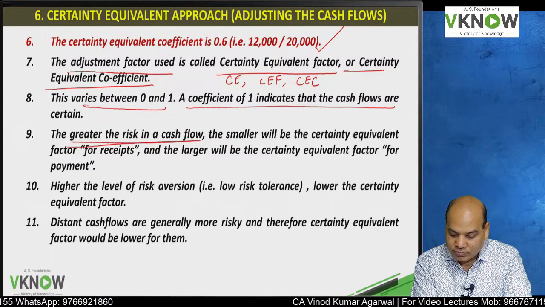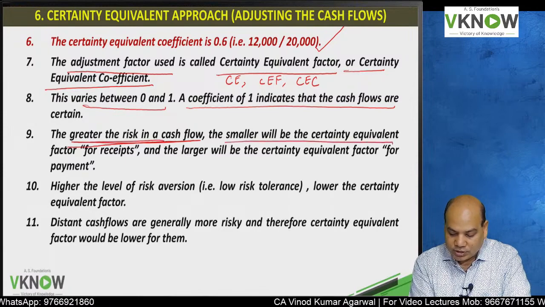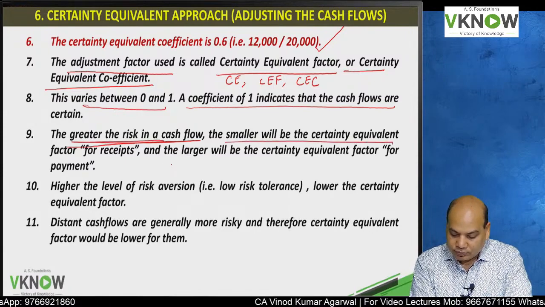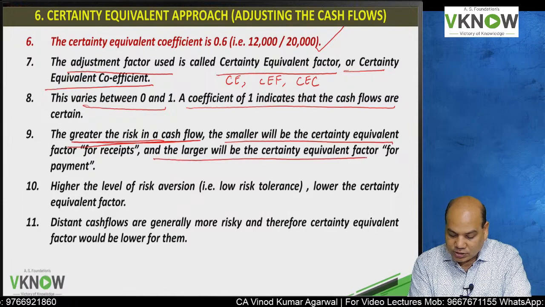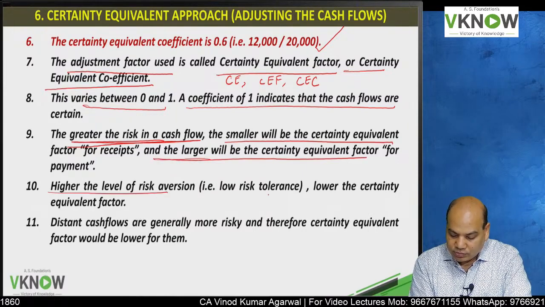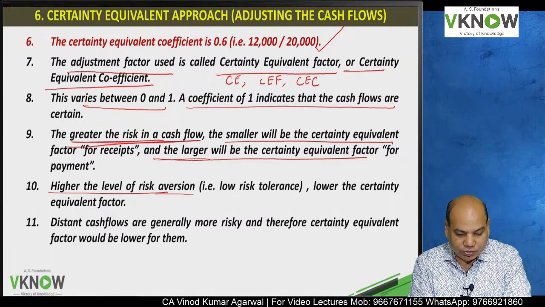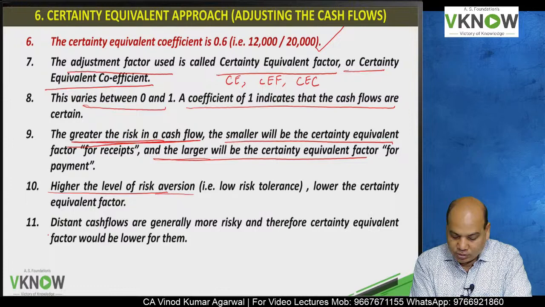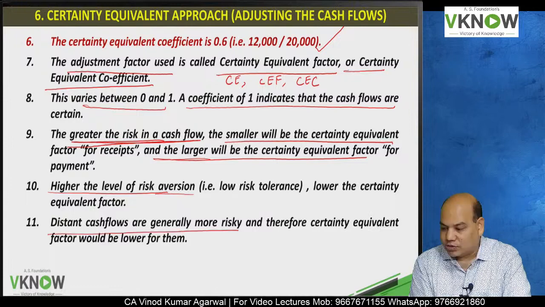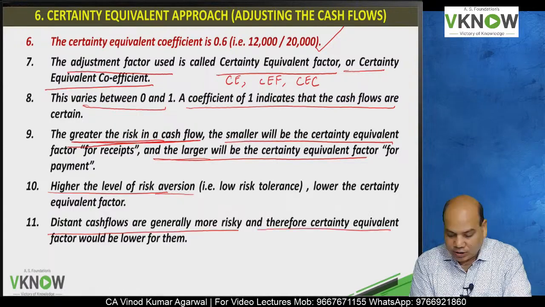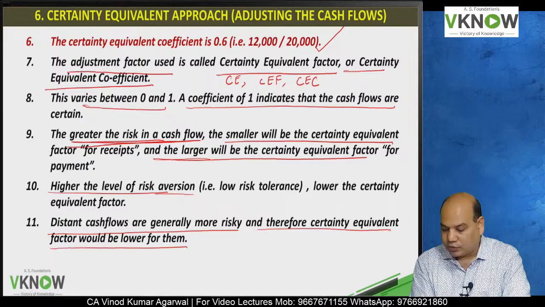Higher the risk, smaller will be CC, and larger the CC, the risk will be less. Distant cash flows are more risky, therefore certainty equivalent factor would be lower for them.